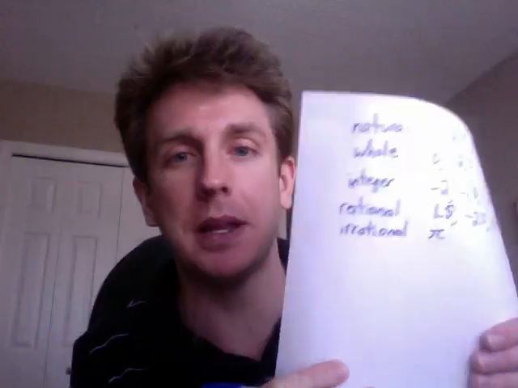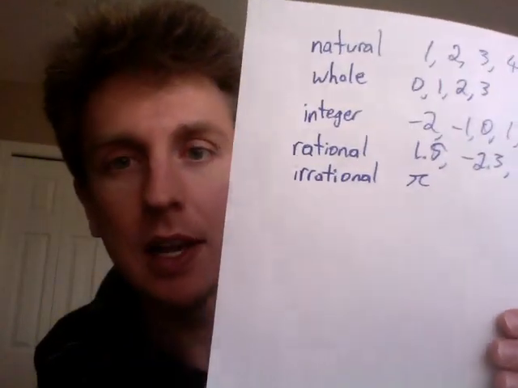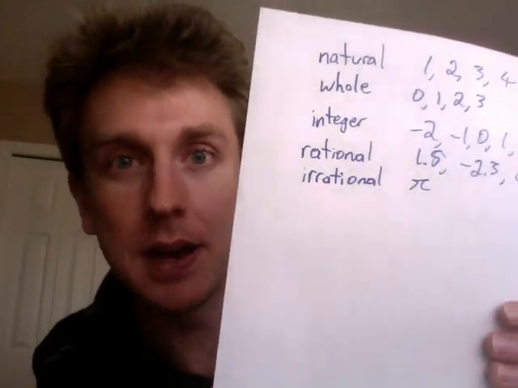The most famous irrational number is arguably pi. Because those numbers keep going forever, but there's no predictable pattern. It's not like 1, 1, 4, 1, 4, 1, 4. These are all of these in the family of real numbers, which is pretty exciting.